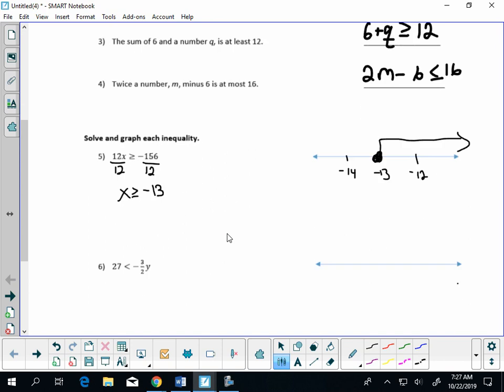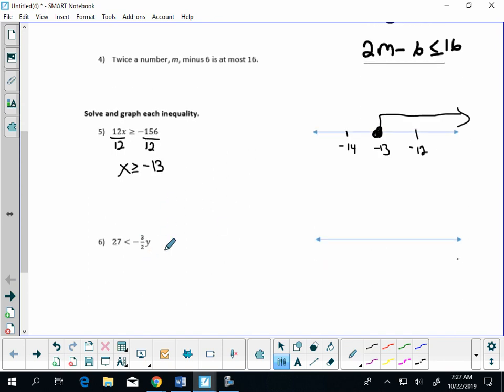On the second one, we have a fraction. To get rid of a fraction, you multiply by the reciprocal. So we've got 27 is less than negative 3 over 2 y. Well, our goal is to get that y by itself. So the reciprocal of that is negative 2 over 3.